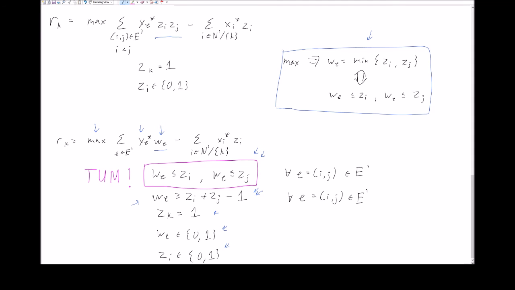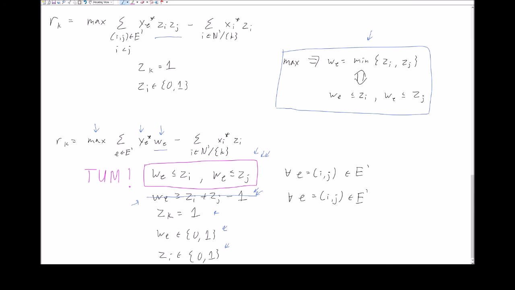To encode that, we only need the constraints in this pink box, the totally unimodular constraints. The other constraints, that we is greater than or equal to zi plus zj minus 1, are completely redundant. And so by eliminating this constraint, we haven't lost anything in our problem.